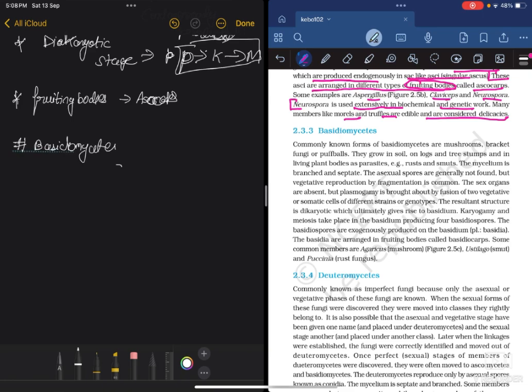Now coming to Basidiomycetes, also known as club fungi. As I have already told you, the mycelium is branched and septate.